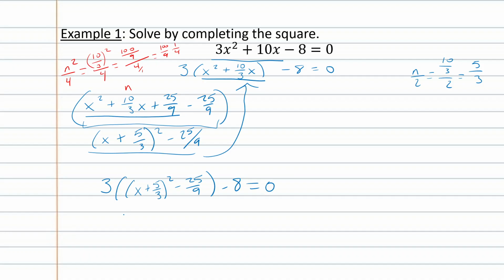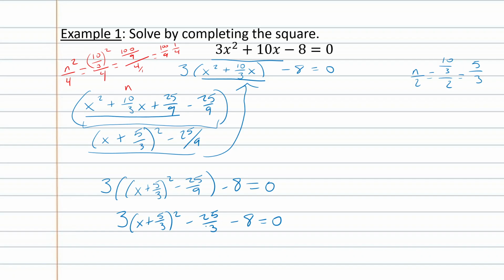We'll distribute the 3 to the pieces here. So we're going 3 times x plus 5/3 squared. If I distribute the 3 here, it turns into negative 25 over 3, because the 3/9 reduces to a third. And then on the outside here, we'll have minus 8 equals 0.